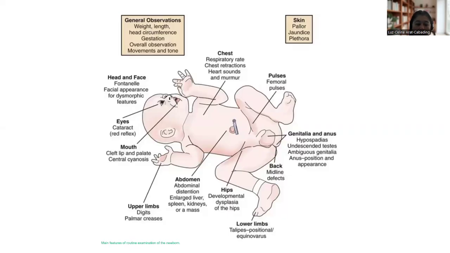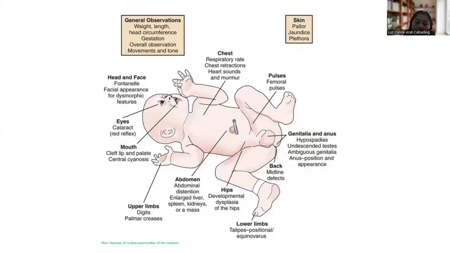Is it intact? Are there any clefts in there? We look at the chest as we go down. We look at how it rises and falls. We listen to heart sounds. We listen for extra sounds. We look at the effort when the infant breathes, if there is a notable chest retraction.